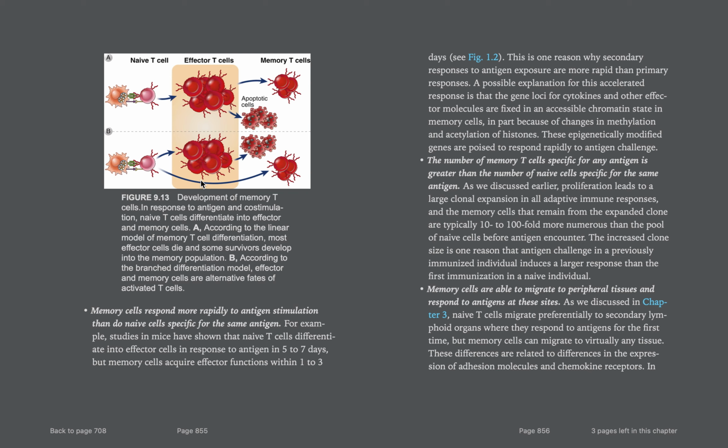Also, the number of memory T cells specific for any antigen is greater than the number of naive cells specific for the same antigen. As discussed earlier, proliferation leads to large clonal expansion in all adaptive immune responses, and the memory cells that remain from an expanded clone are typically 10 to 100-fold more numerous than the pool of naive cells before antigen encounter.